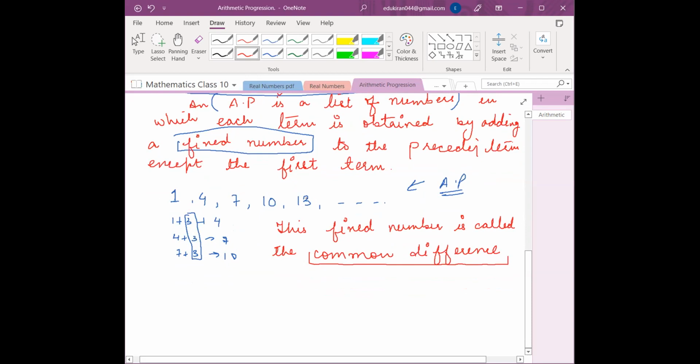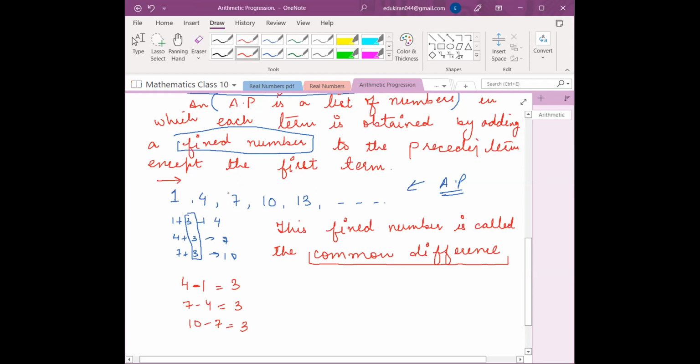This is your AP, right? So it is formed like 1 plus 3 is equal to 4, 4 plus 3 is equal to 7. If I do the reverse, if I do 4 minus 1, I should get that fixed number, isn't it? If I do 7 minus 4, I should get 3. Similarly, 10 minus 7, I should get 3. So I'm just adding that number to every preceding term to get the next term.